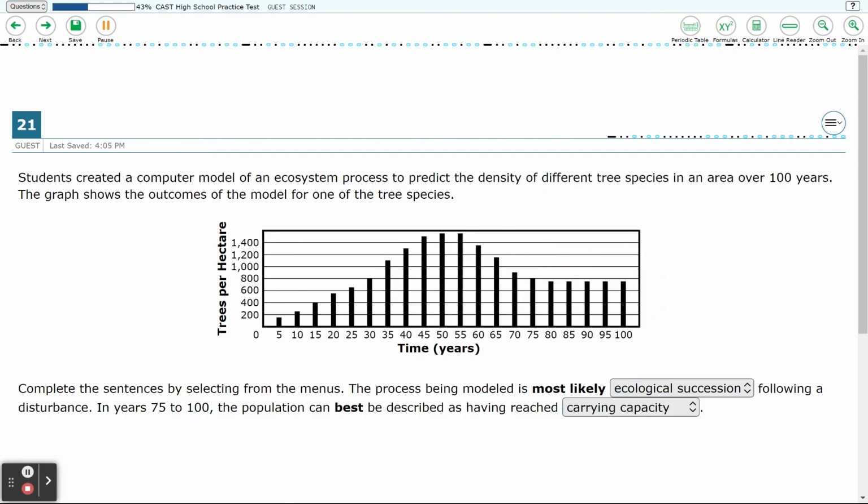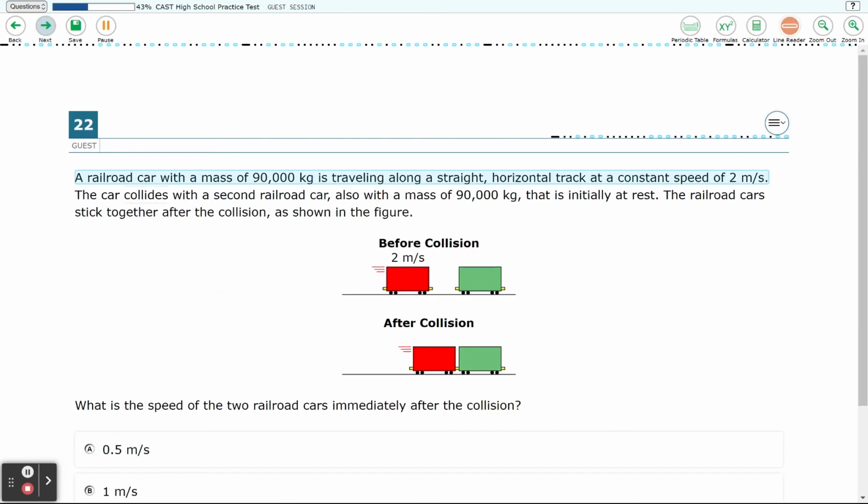Let's continue on to question 22. A railroad car with a mass of 90,000 kilograms is traveling along a straight horizontal track at a constant speed of 2 meters per second. The car collides with a second railroad car, also with a mass of 90,000 kilograms, that is initially at rest.